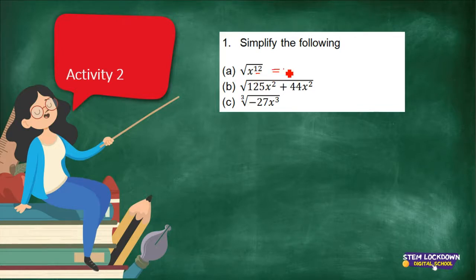Your answer should have been x to the power 6 times x to the power 6.